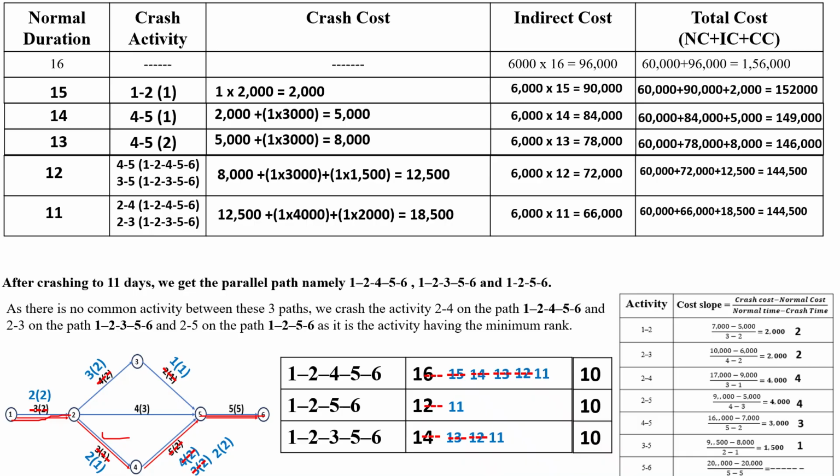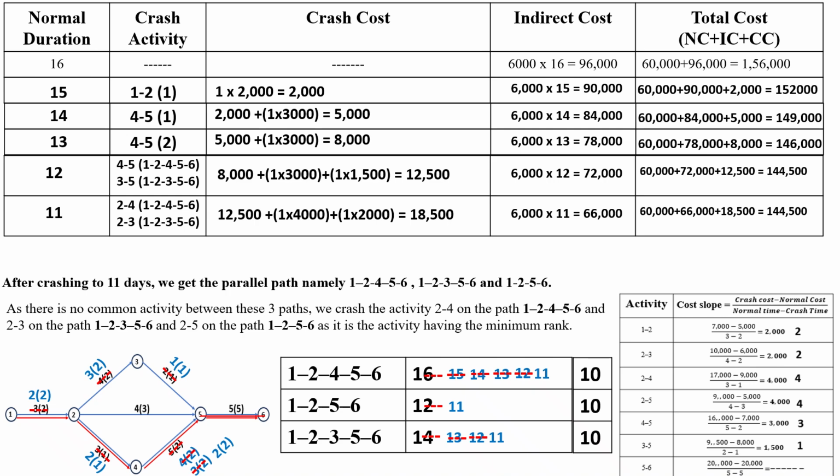So here only activity 2 to 5 for crashing. And similarly, in the path 1, 2, 3, 5, 6 also, the possibility of crashing is only one, that is 3 to 5. So here there is no common activity between these three paths. So individually we have to do the crashing for these three paths.